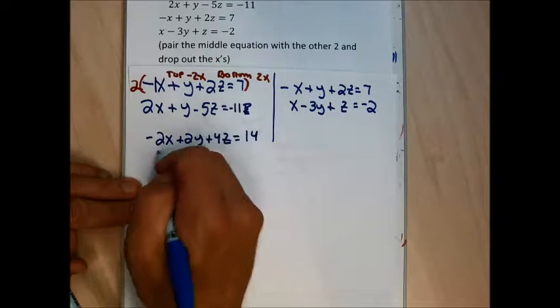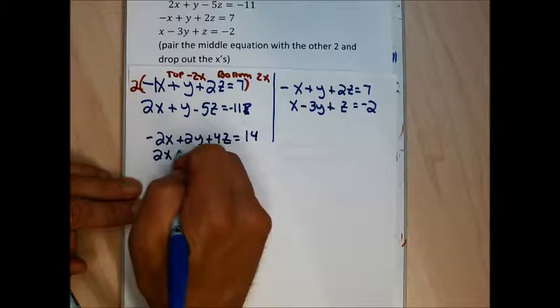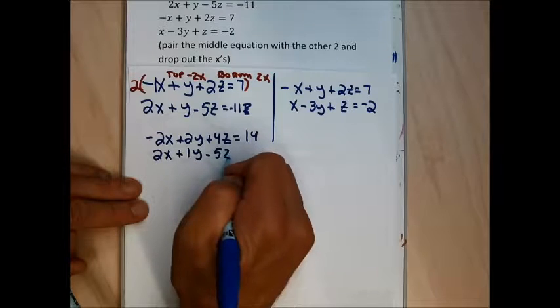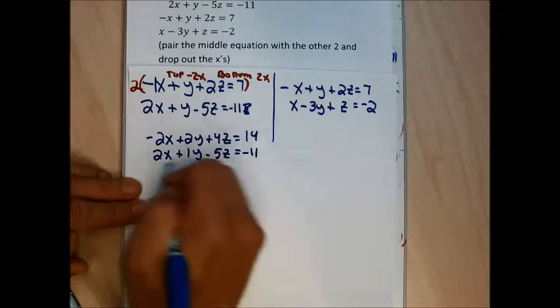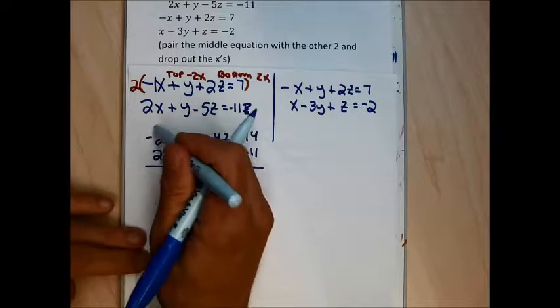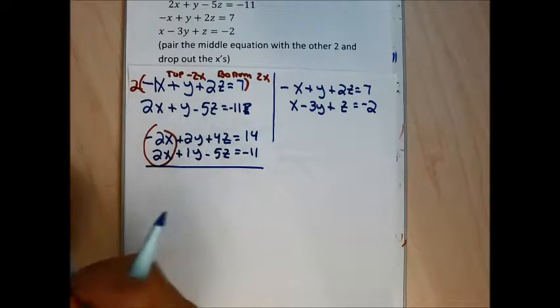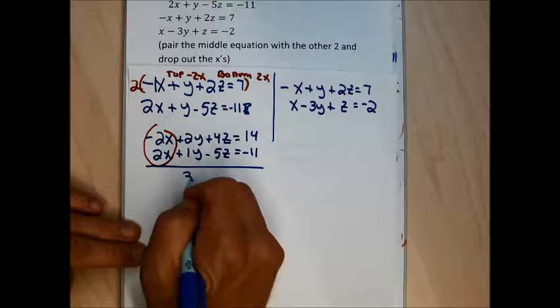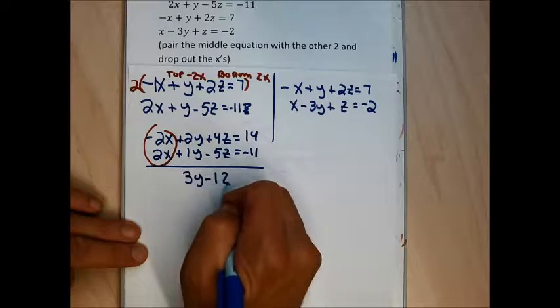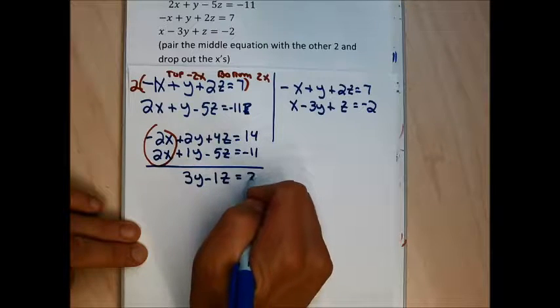I'm going to leave the bottom row 2x plus, I'll emphasize, 1y minus 5z equals negative 11. Stack those on top of each other. Cancel the x's, then 2y plus 1y is 3y, 4z minus 5z is negative 1z, 14 minus 11 is positive 3.